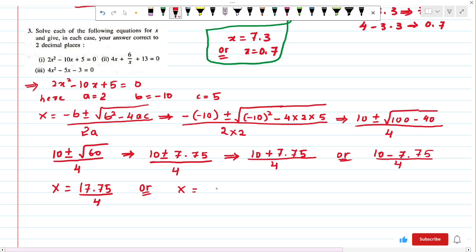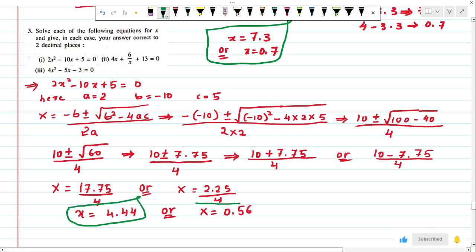If I simplify this, I'll get the x values as x is equals to 4.44 or x is equals to 0.56. So these are the two values of x here: x is equals to 4.44 and x is equals to 0.56. So the first question is over.